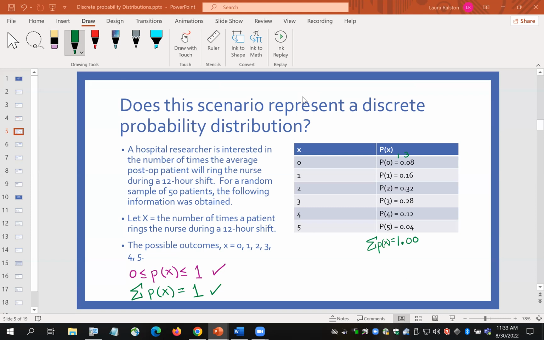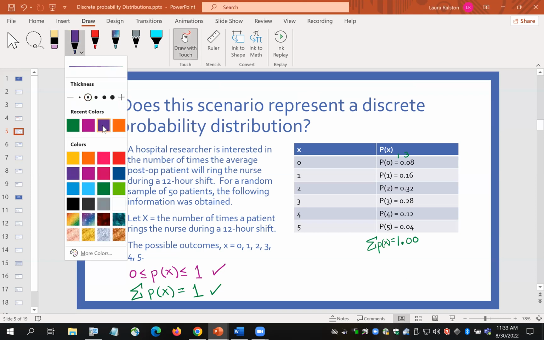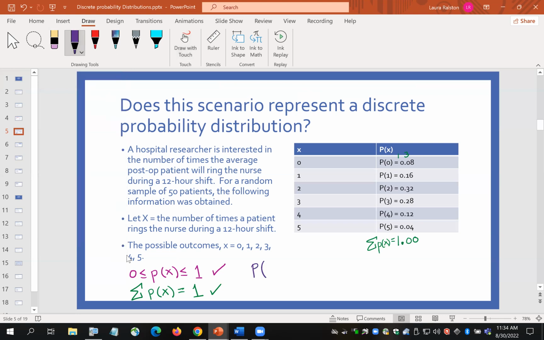But this scenario does represent a discrete probability distribution. And then they could ask us questions about this, because I could ask you probability questions. Like, I could say, what's the probability that the average post-op patient rings the bell 3 times?